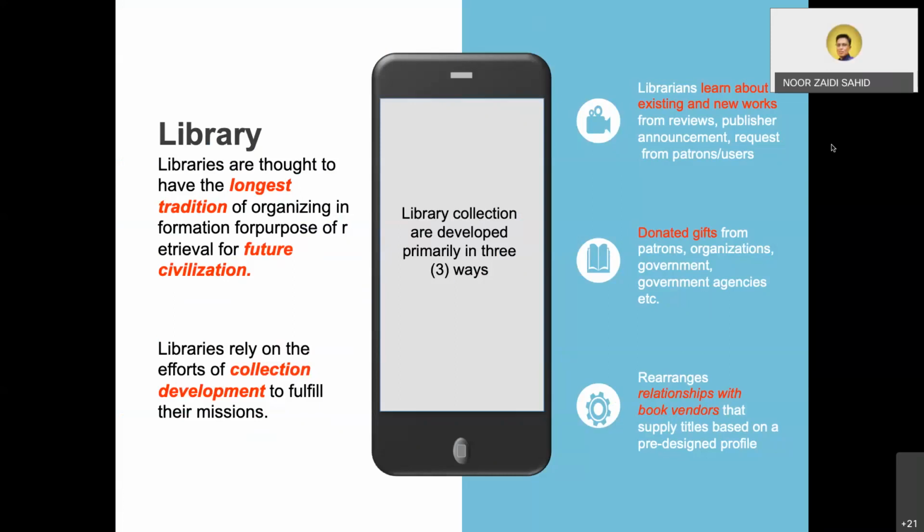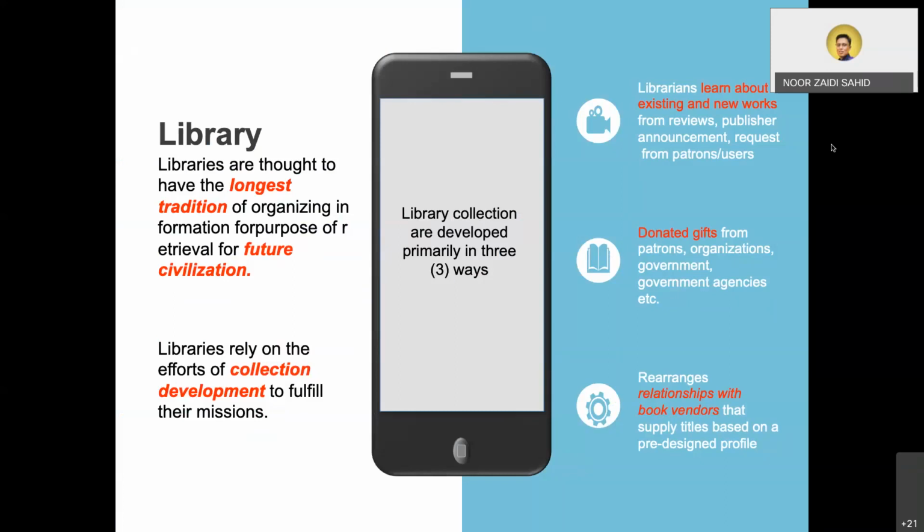Okay. Basically, library is an information provider. Dia information provider that provides information services to end users or customers. And library can be divided into several categories. Kita akan discuss one by one.